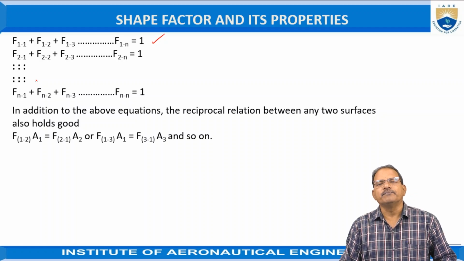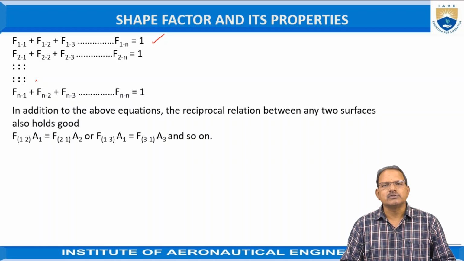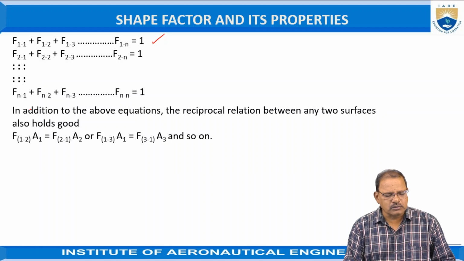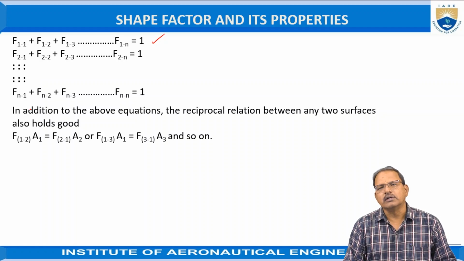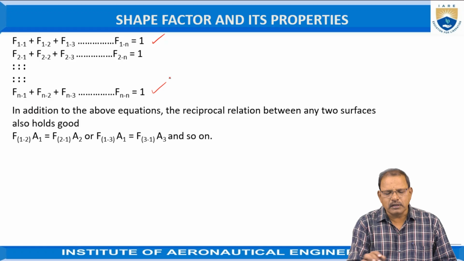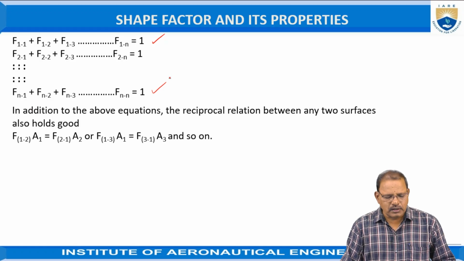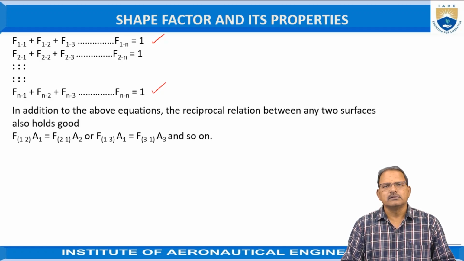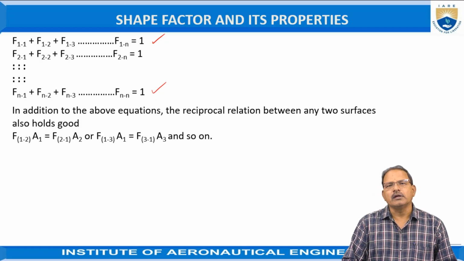Similarly, the nth surface also radiates energy to the remaining surfaces, and finally it is equal to 1. In addition to the above equations, the reciprocal relationship between any two surfaces also holds true. That is, F12 into A1 is equal to F21 into A2.